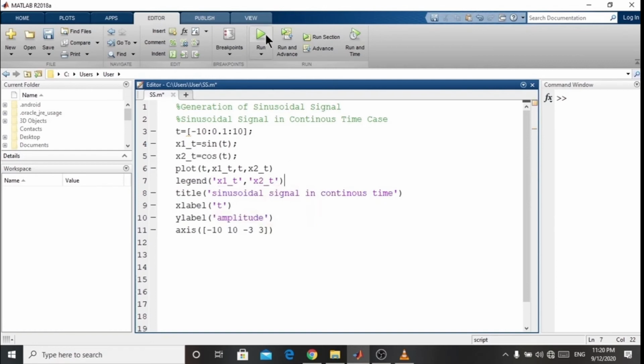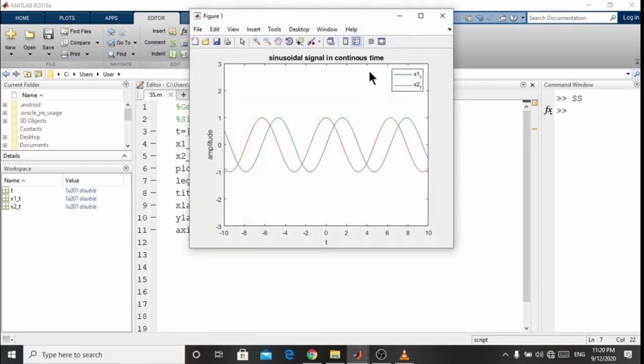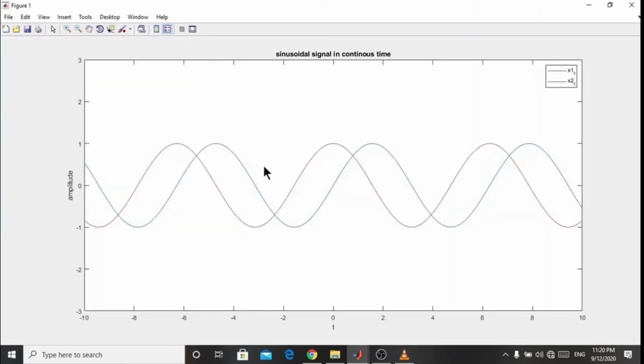So now let's run the code and observe how the graph will look. So here we will get the cosine representation and sine representation of the sinusoidal signal. I use the function or command legend in order to get these things.